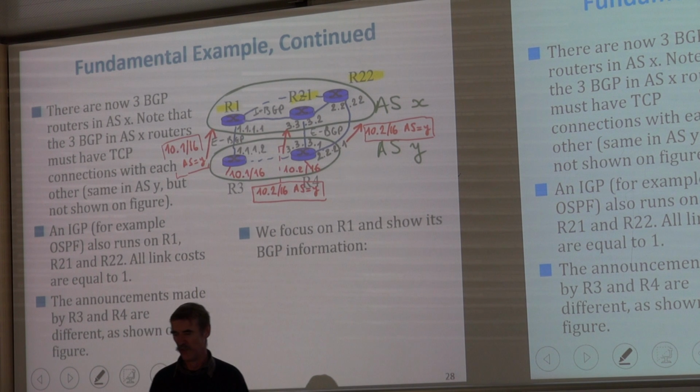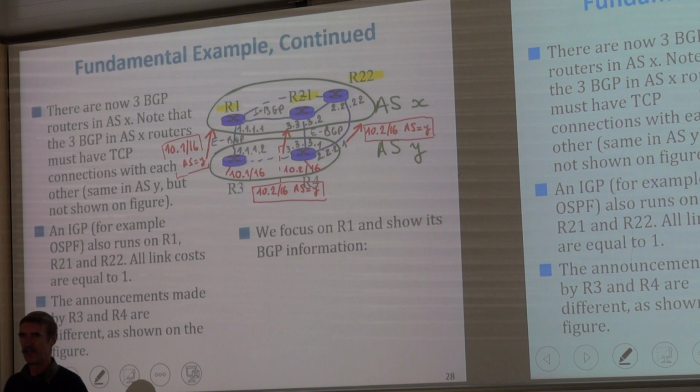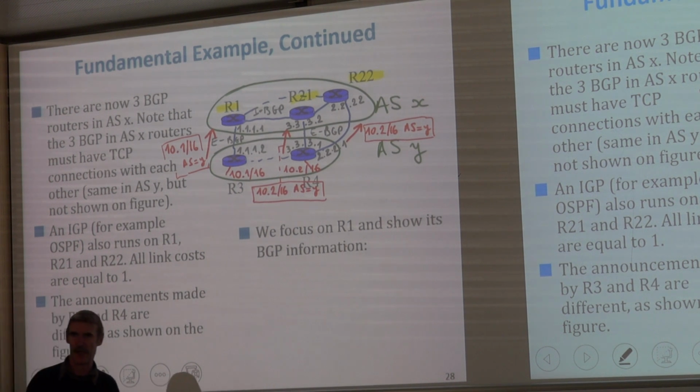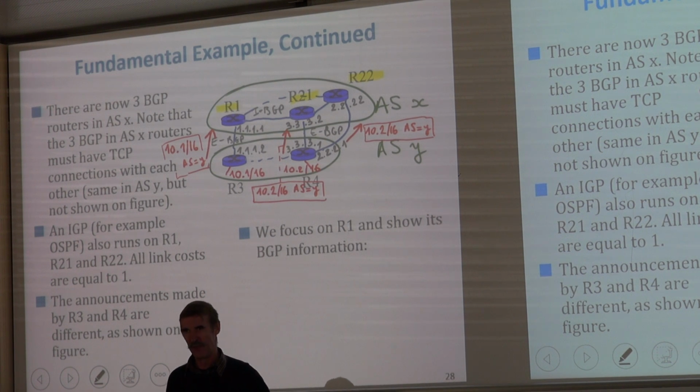So R22 has a TCP connection to R1 that perhaps goes via R21, but it goes via R21 not as BGP. R21 forwards it as any router does for any packet of any TCP connection. It doesn't handle and interpret the BGP messages that are contained there.